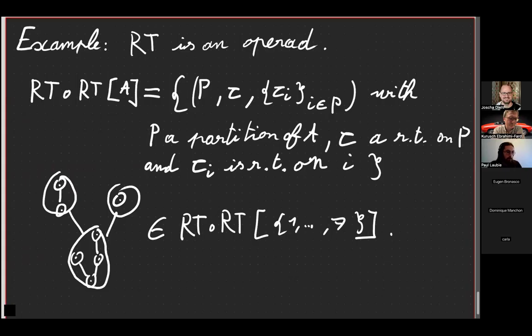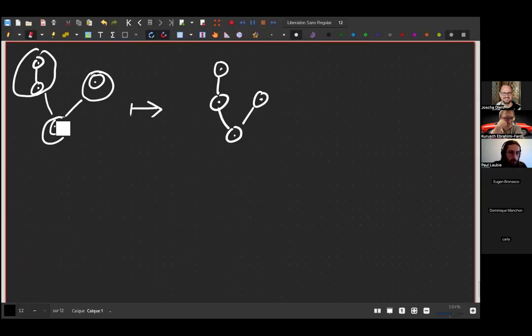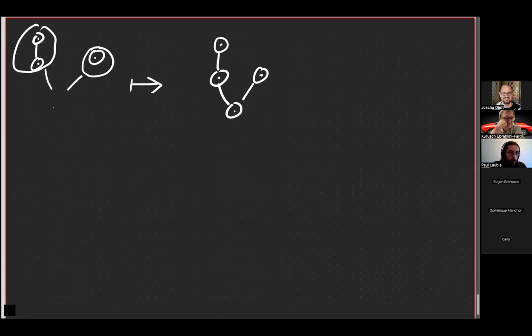Now how can I make this into an operad? I can do it the following way. I will send this to a formal sum, where the idea is that I will graft the trees one on top of the others.